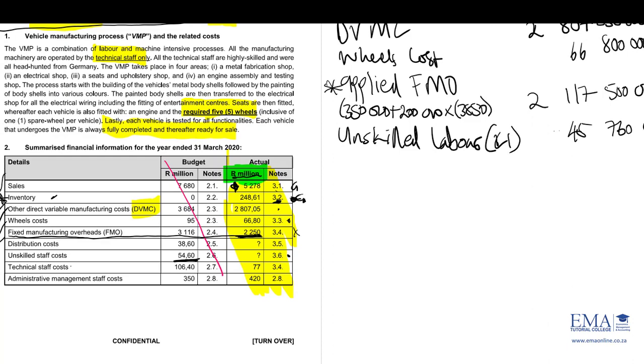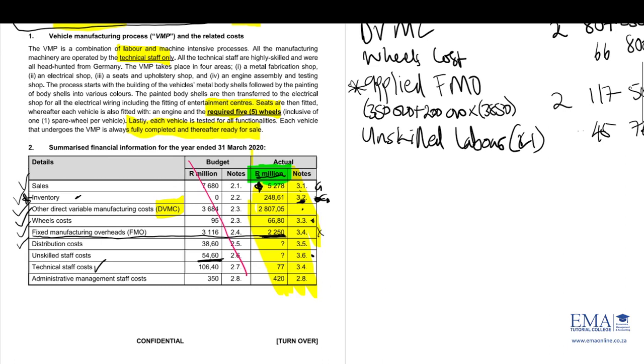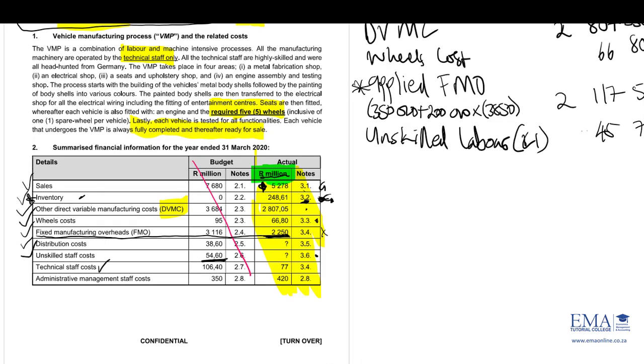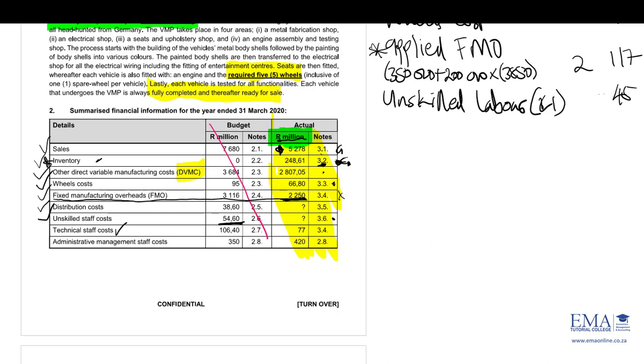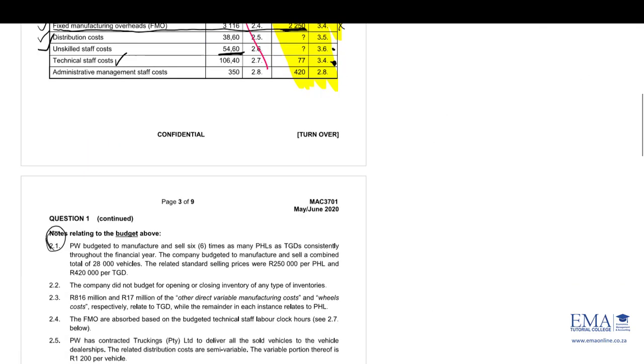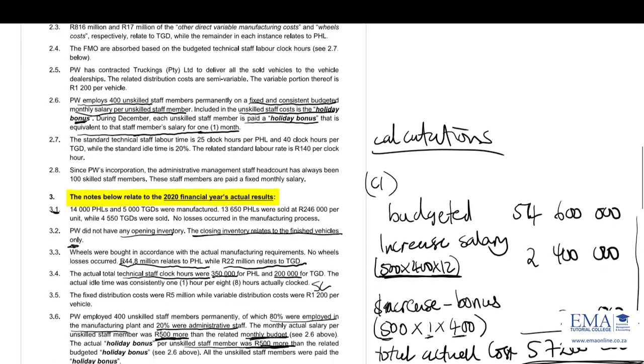So now we have got also the technical staff cost. We were told that all of the technical staff worked in the manufacturing, because they said all manufacturing machines are operated by technical staff only. So let's read what they said in note number 3.4.